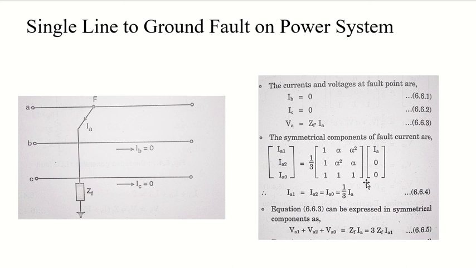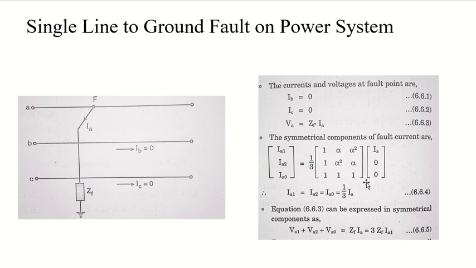And about the voltage, the voltage across the phase on which the fault has occurred, we have given that VA is equal to ZF into IA.